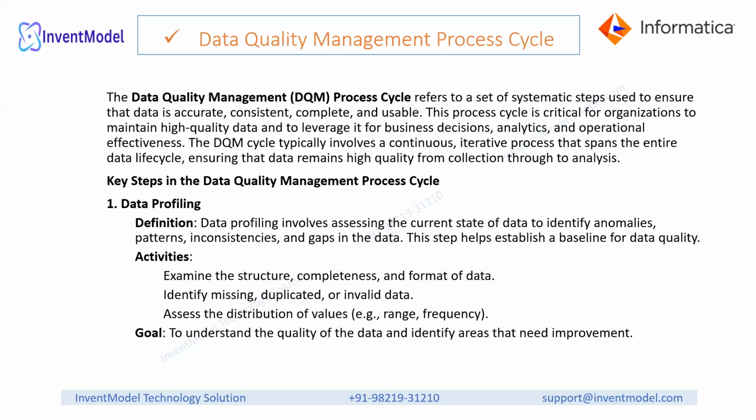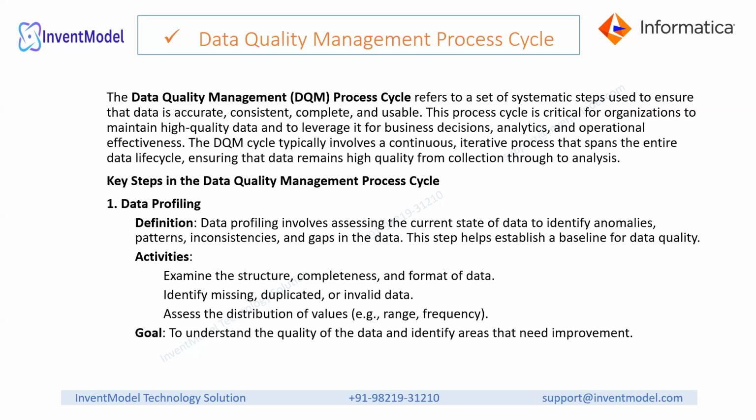So the first step we follow is data profiling. Data profiling is, let's try to understand the character of the data. How many null values the data has, how many distinct values, what formats the data is following for which attribute and all. So all this information we collect as part of data profiling.